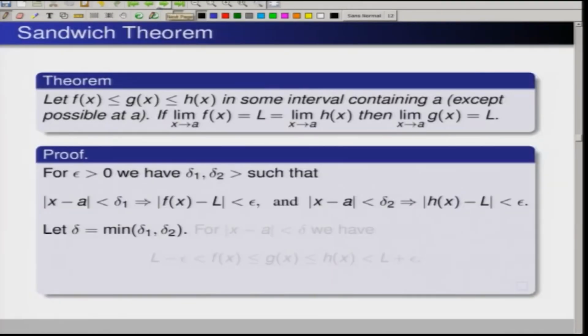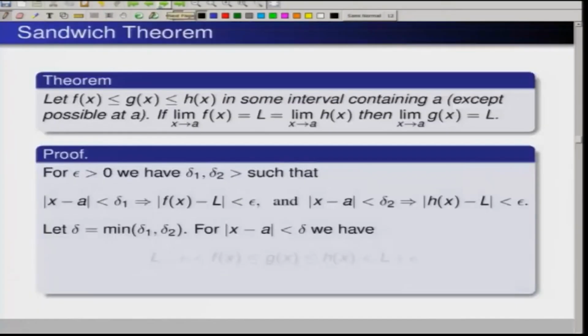Now, you take delta to be the minimum of delta 1 and delta 2. Then |x - a| < delta implies |x - a| < delta 1 and |x - a| < delta 2.